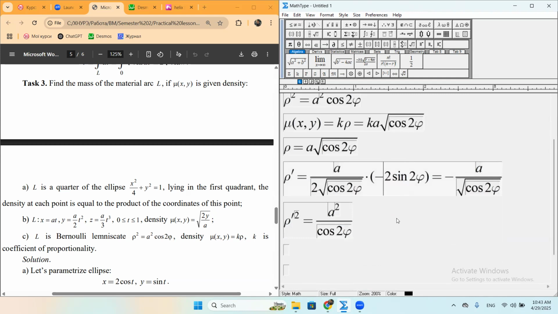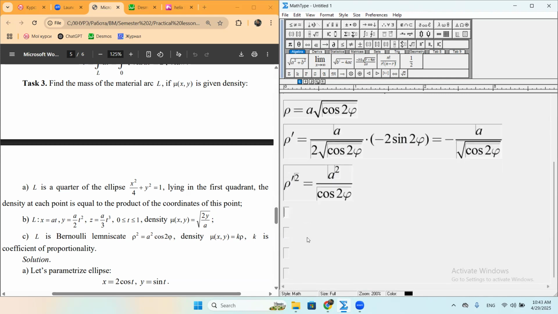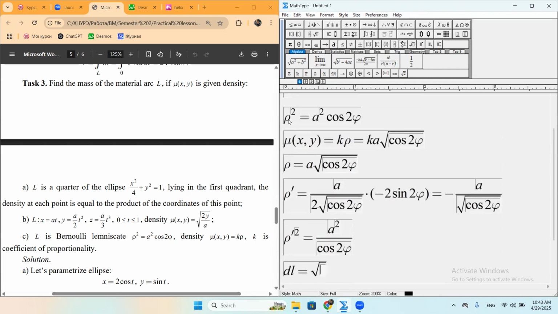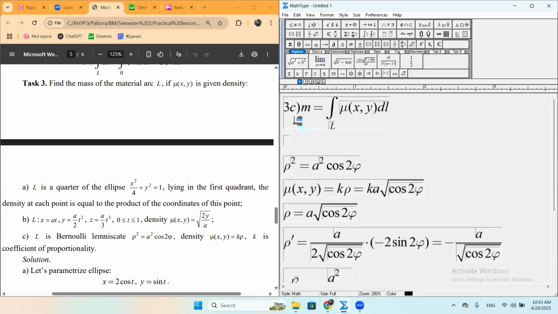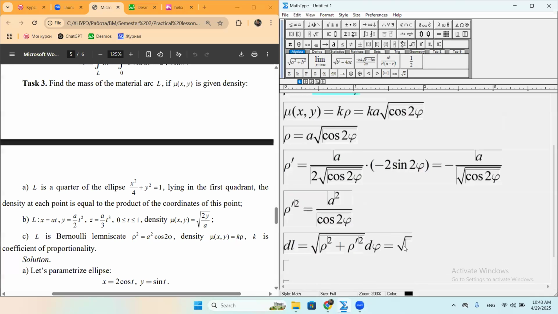So square roots will be eliminated. And now let's calculate the differential of curve length. Let me remind you the formula: the square root of rho square plus rho prime square d phi. So it will be equal to this stuff plus this.